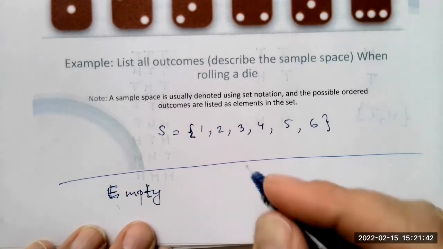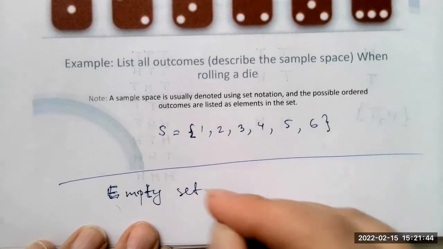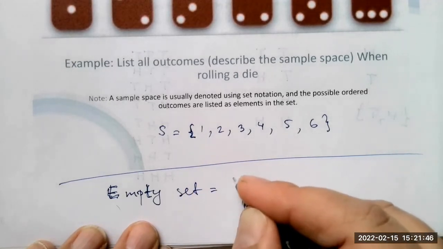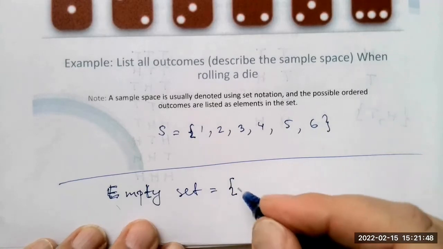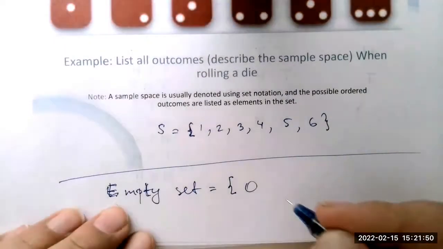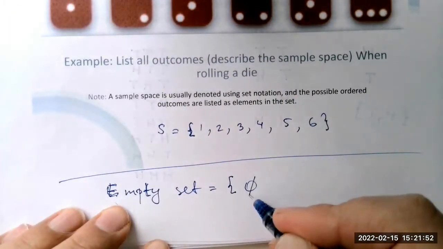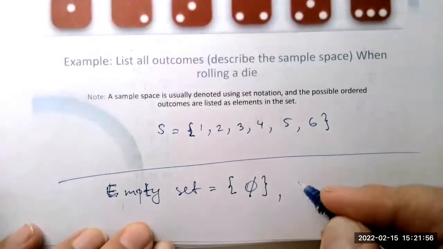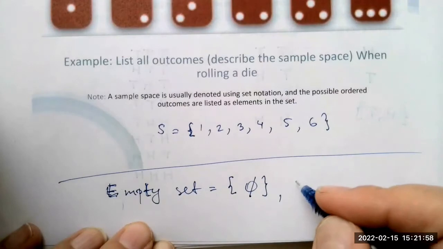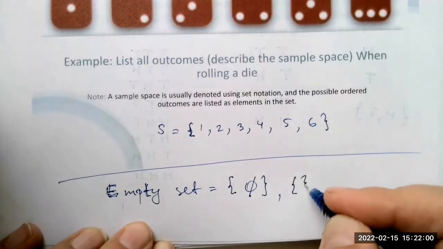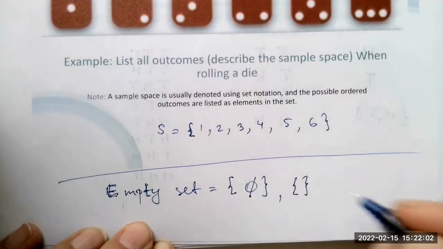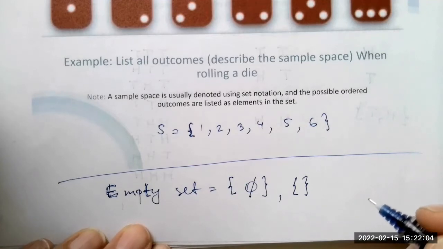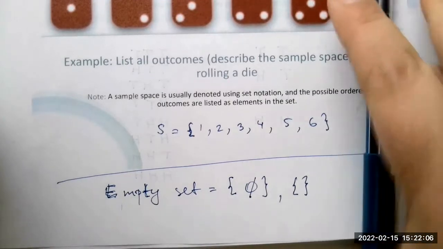So an empty set is denoted either by a square bracket with a 0 crossed out like this, or just brackets with nothing in them. All of these describe an empty set.